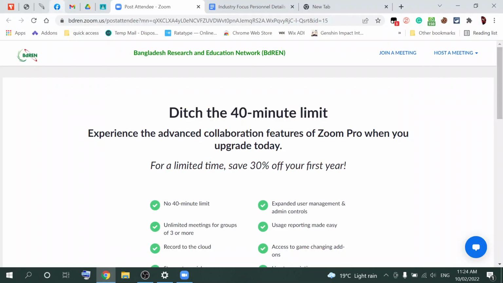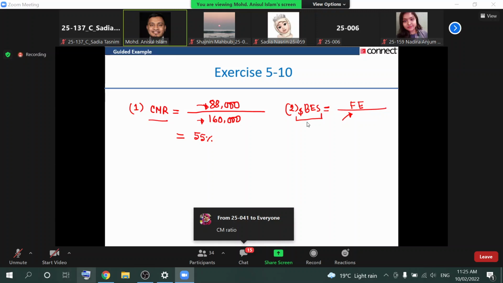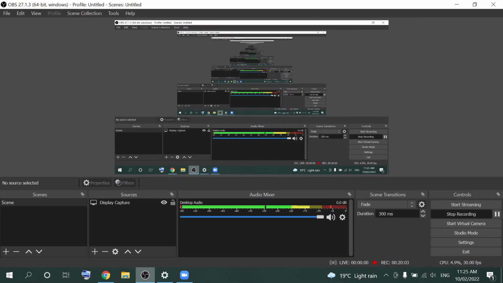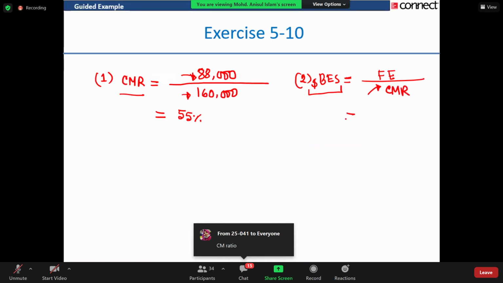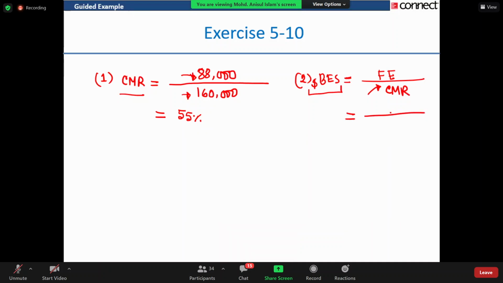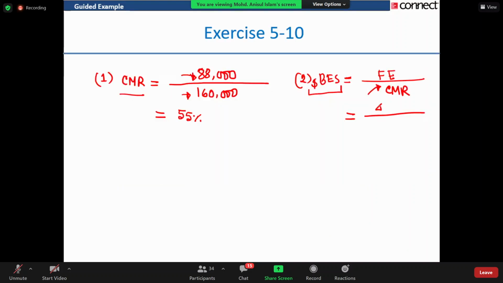We wrote that in the numerator we need the fixed expenses, and in the denominator the contribution margin ratio. That is good that you can recall what we have learned. Fixed expenses overall is how much? The fixed expenses overall is 41,250.